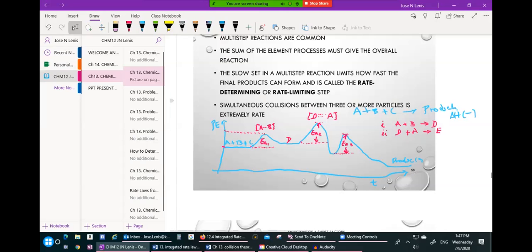So the result of this reaction will be E.